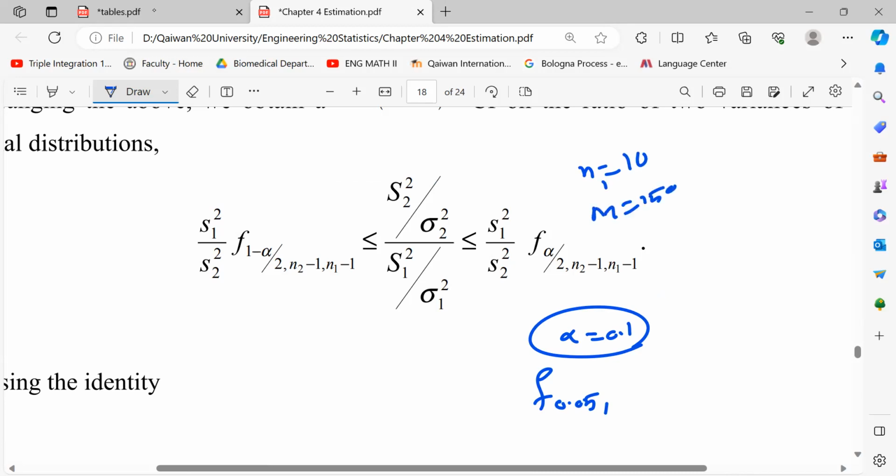Then n2 minus 1 is 14, and n1 minus 1 is 9.